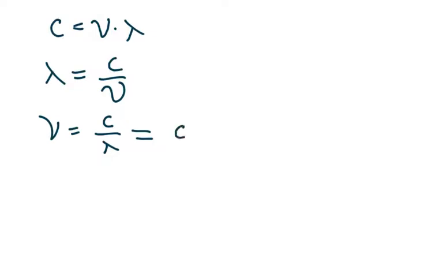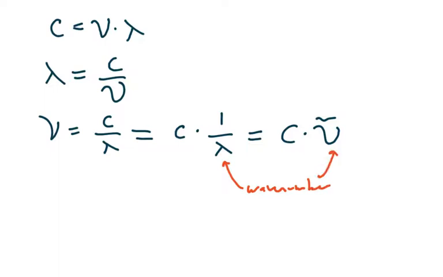We could say it's the speed times 1 over lambda, and 1 over lambda is called the wave number, and it is given another symbol which is nu tilde, and we will define that here, wave number. And the reason it's written as nu tilde is it's proportional to frequency.